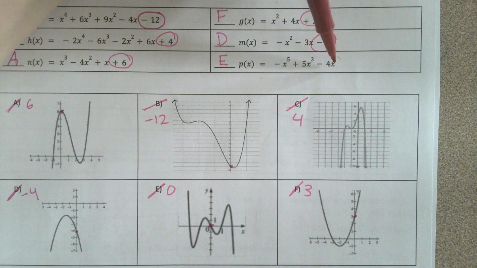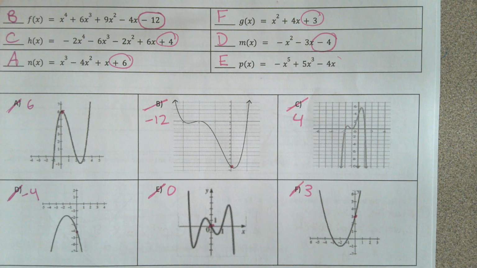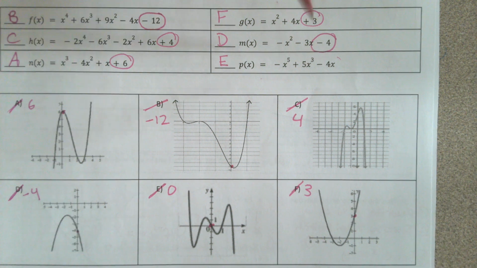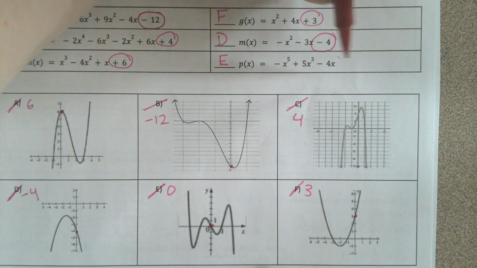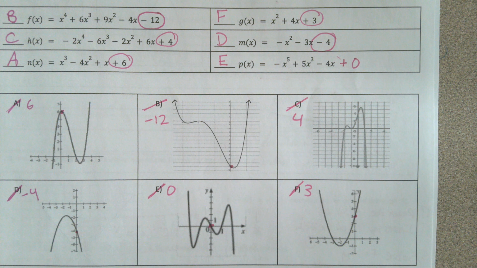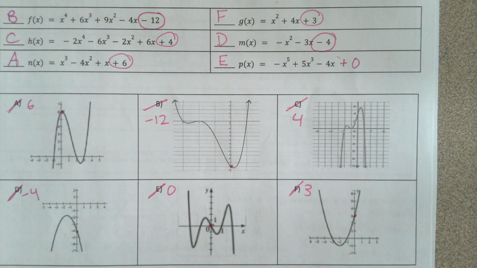Negative 4 is attached to an x. Remember, the y-intercept is a constant. Like the other 5 numbers, it is just a number, no x on it. So its y-intercept is actually 0, because it's not there, so it's a 0. So that would make a bit more sense now.